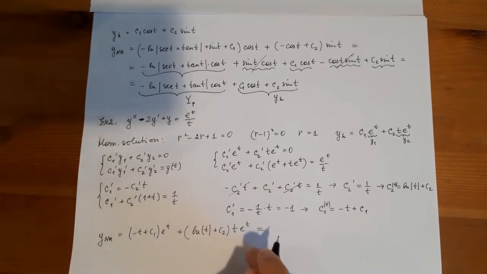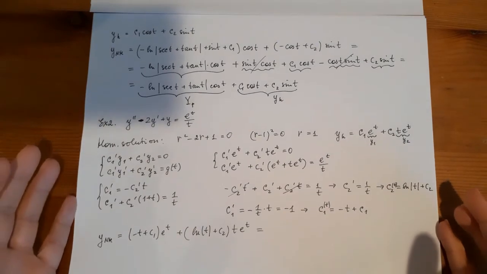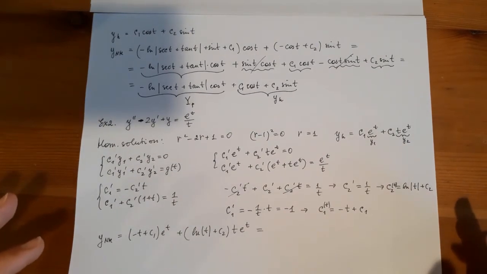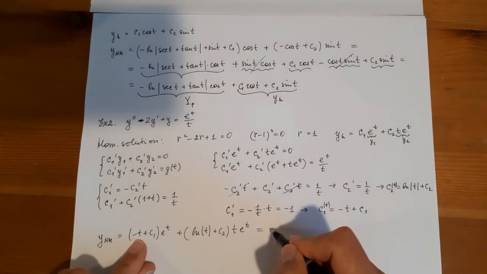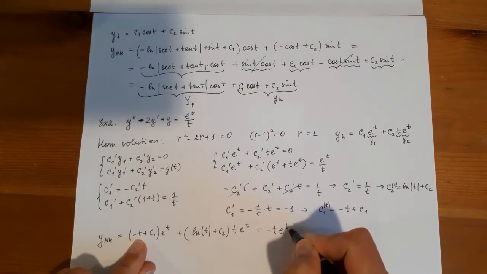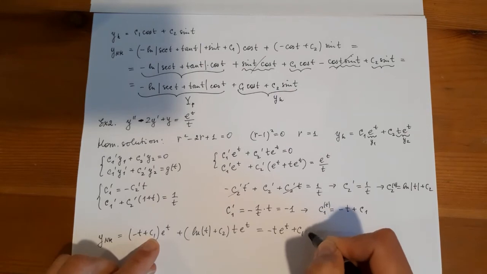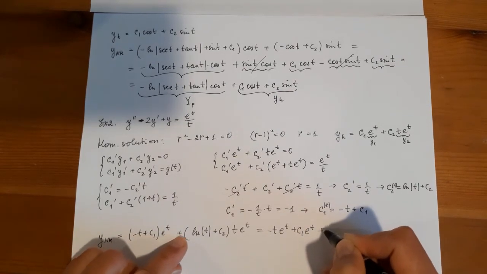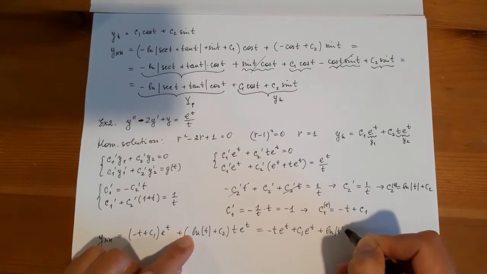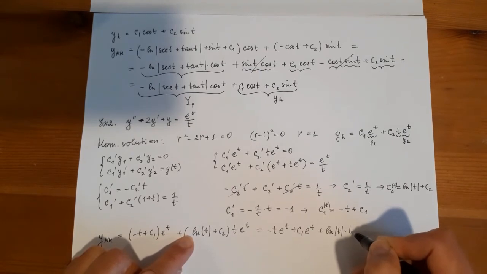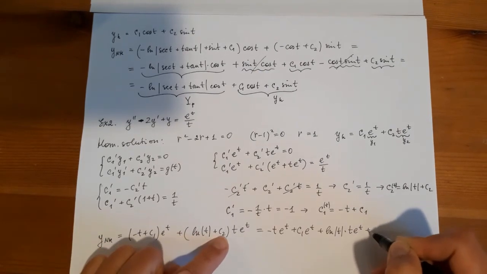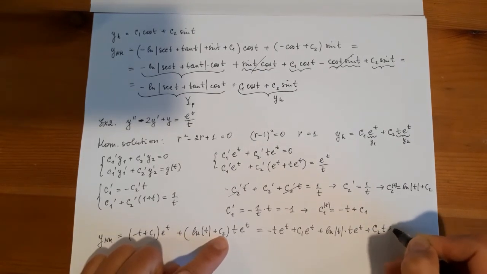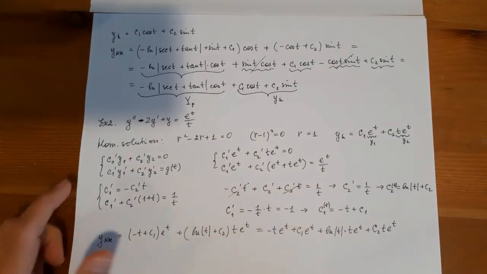I'm going to open parentheses because I want to show you where is going to be the general solution, where is going to be a particular solution. So (minus t plus c1) e to the power of t plus (ln of t) multiplied by t e to the power of t plus c2 t e to the power of t.